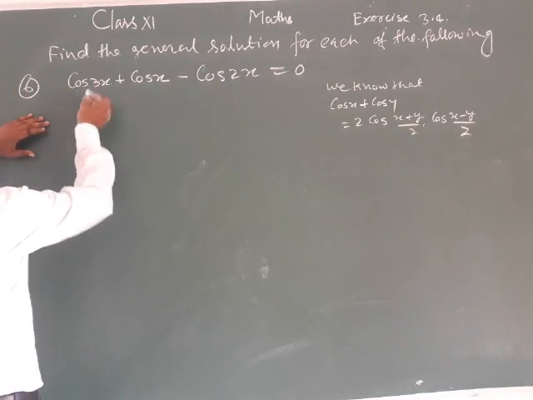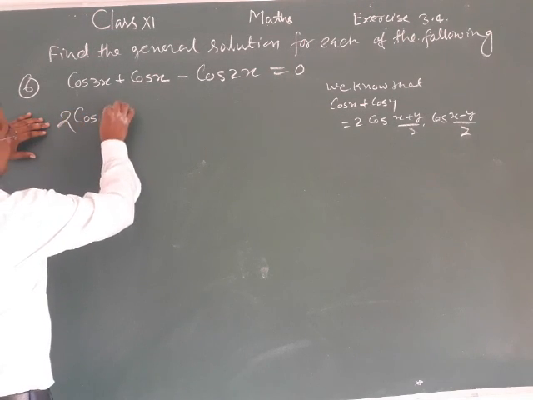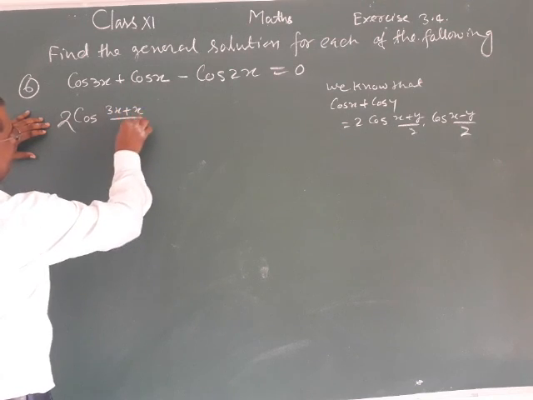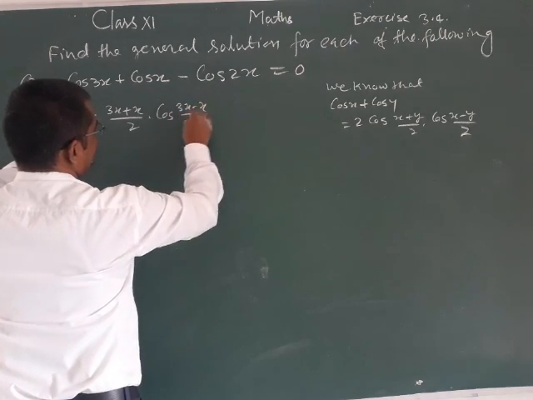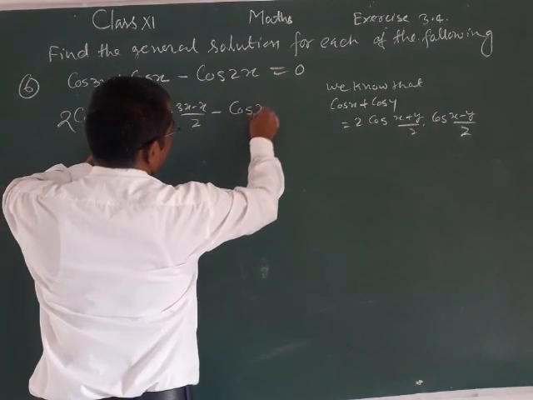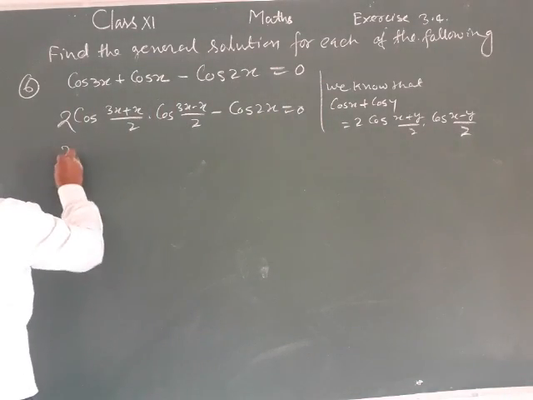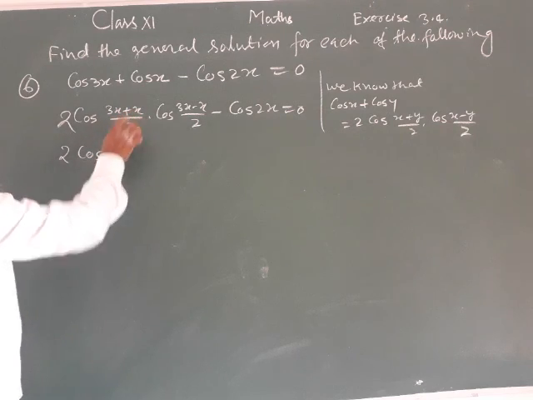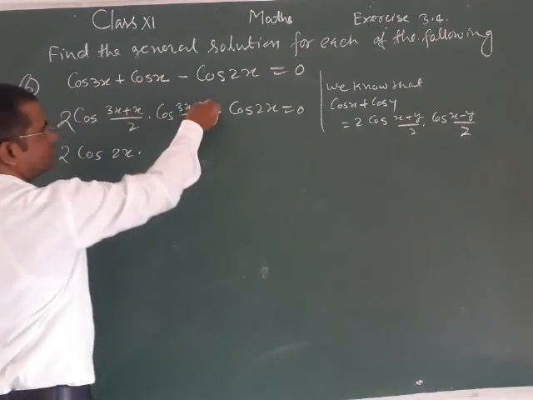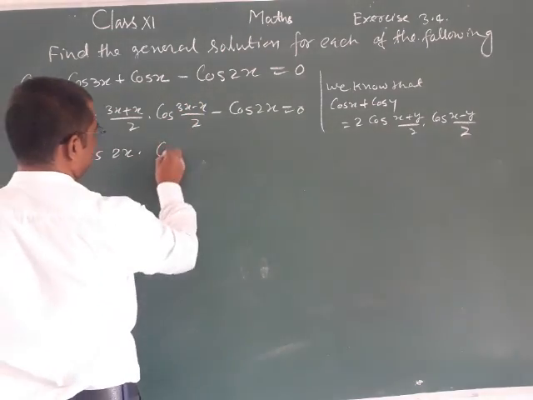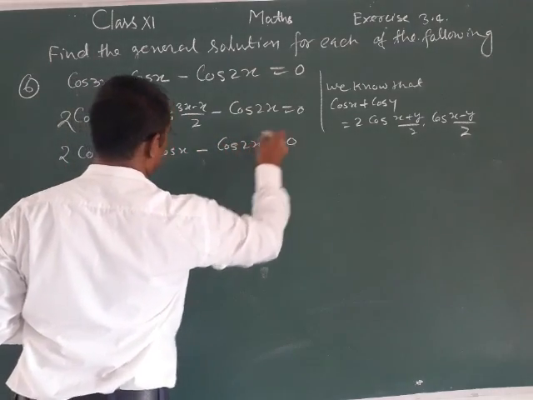So you can write 2 cos (3x plus x) upon 2 into cos (3x minus x) upon 2 minus cos 2x is equal to 0. So 2 cos 2x into cos x minus cos 2x is equal to 0.